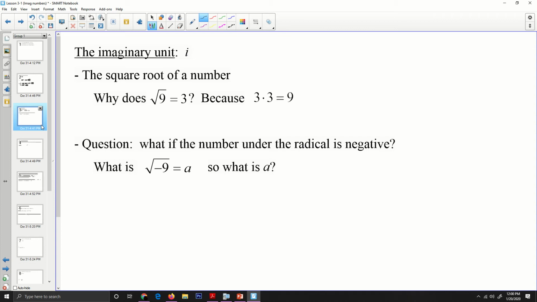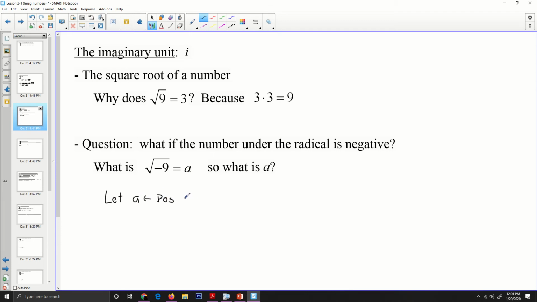If I were to ask you, what is the square root of negative 9? Well, I don't know what that is, but let's say that the result is a. Let's let a be positive.